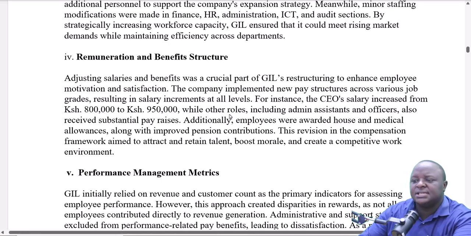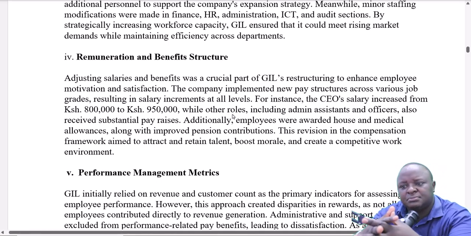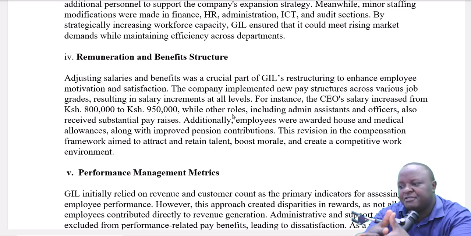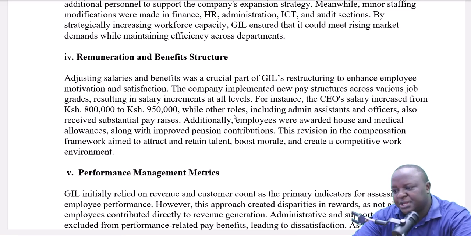So adjusting salaries and benefits was a very crucial part of GIL's restructuring to enhance employee motivation and satisfaction. We saw this by the company implementing new pay structures across various job grades, resulting in salary increments at all levels.